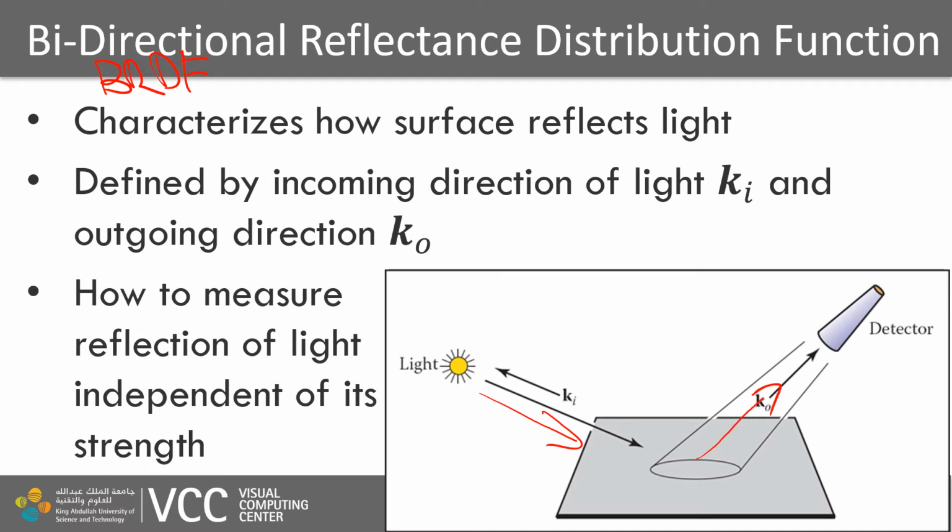In the BRDF, what we are interested in is capturing the fraction of the energy that is reflected in a certain direction. This means that we want to remain independent of the strength of the light. Depending on how strong it is, this value will of course be scaled, but with the BRDF we want a light-intensity-independent measure of the light distribution.